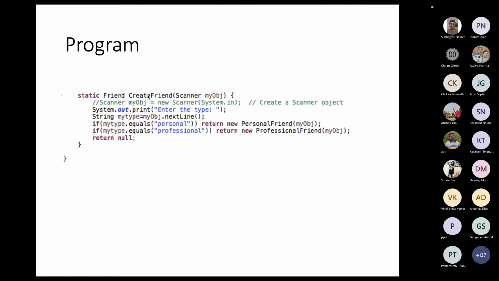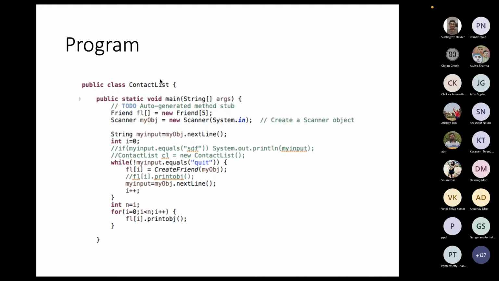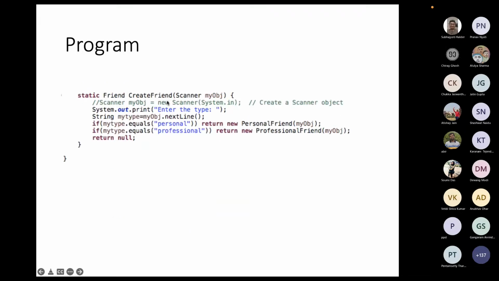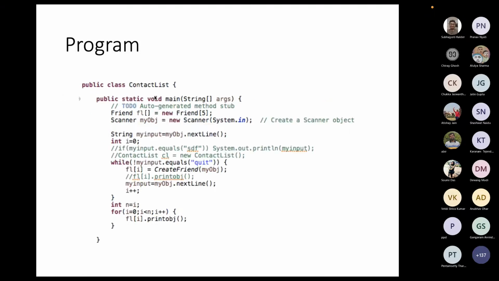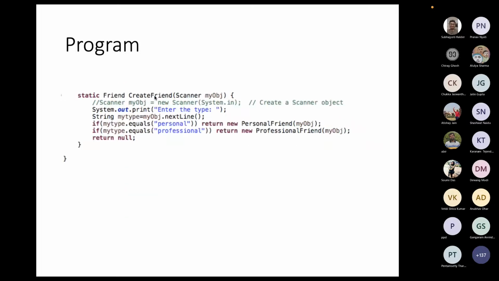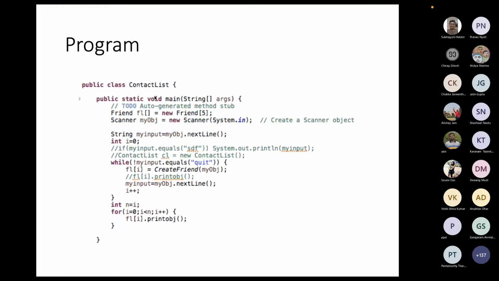So see, this is a member function. Just like main, this is a member function of the class contact list. But you are not creating any object of type contact list, or any instance of this class, right?